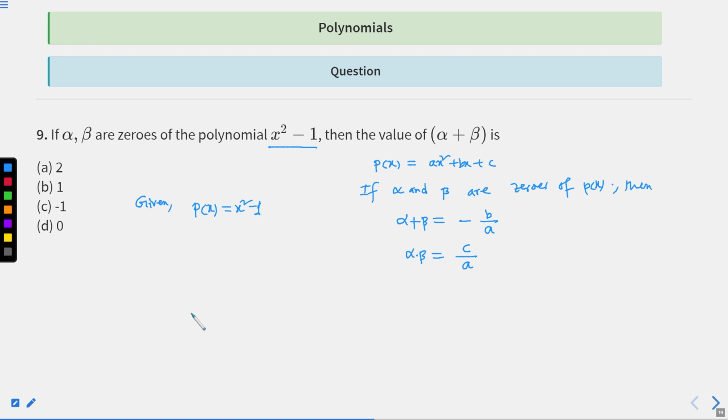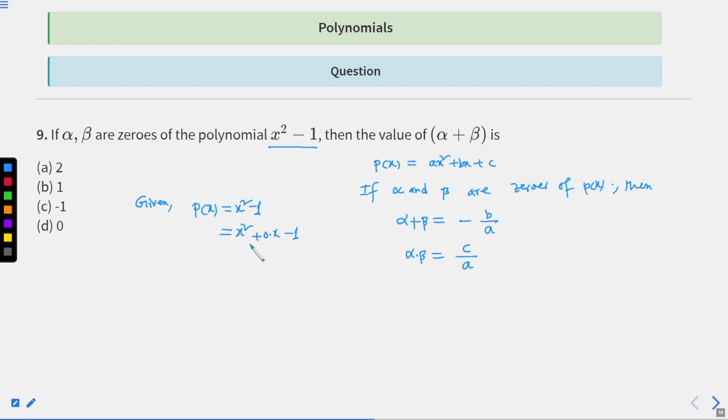Okay, so here you can write this equation in the form of ax squared plus bx plus c. So this is equal to x squared plus 0 times x minus 1, because the term of x is not involved, so the coefficient of x is basically 0.